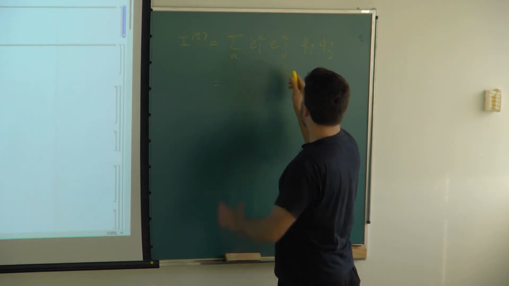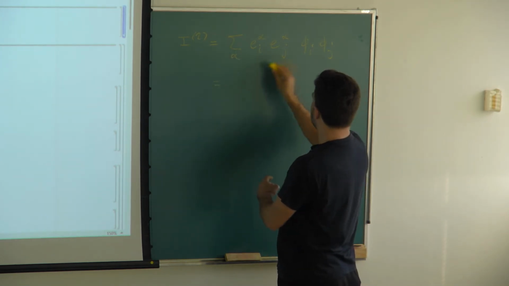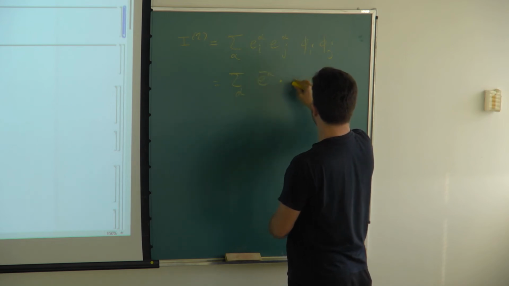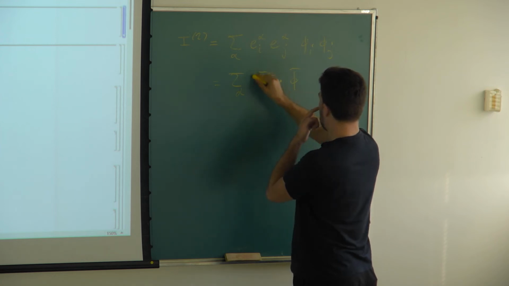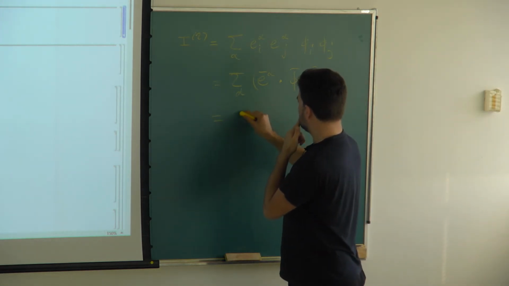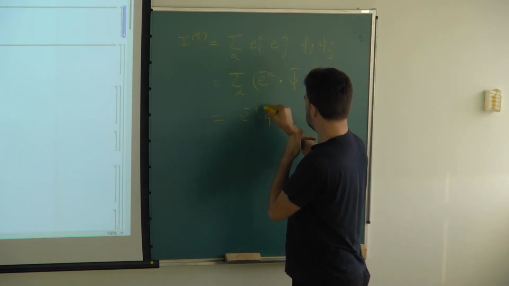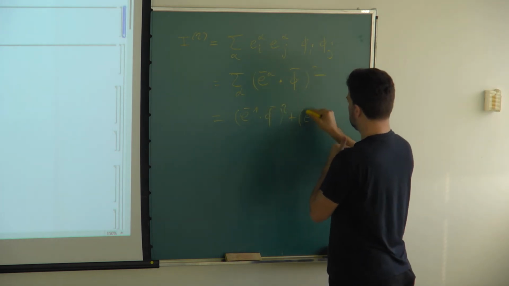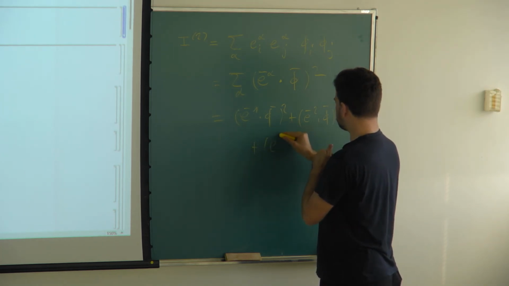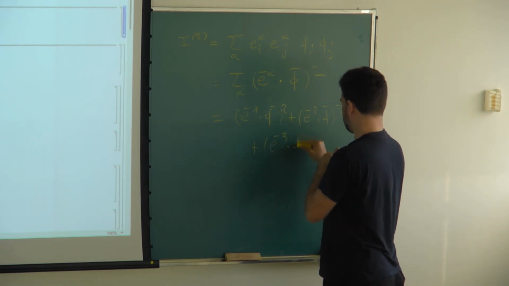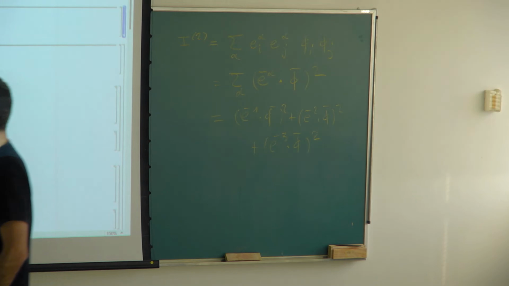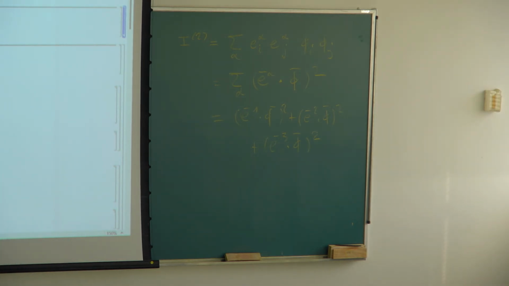So this can clearly be written as E alpha vector dot phi vector square, and so it's just E1 dot phi plus E2 dot phi plus E3 dot phi square. So the product of each one of these.